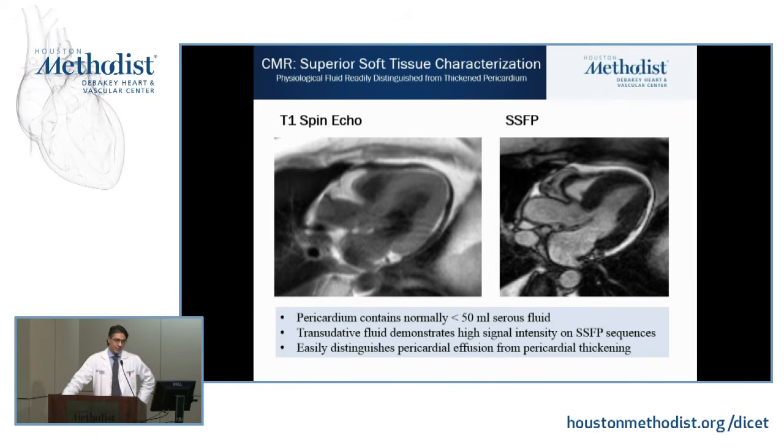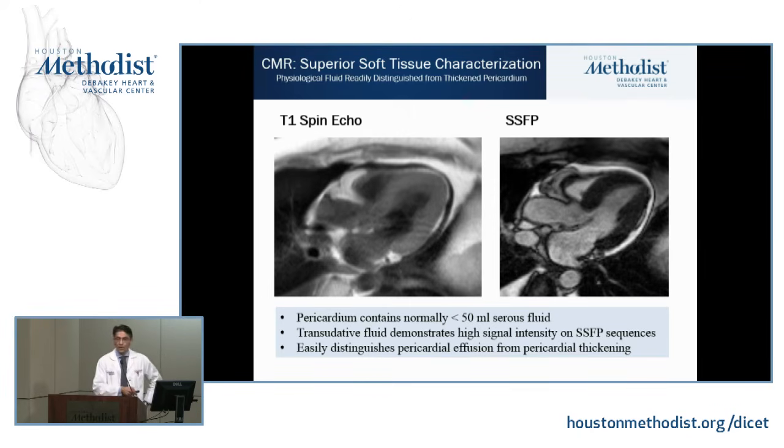But where CMR is helpful is, of course, with tissue characterization. So we don't have as much difficulty in differentiating pericardial fluid from pericardial thickening. And this is a good example. If you remember the first case I had shown you, if you look here in the spin echo, you see this very dark rind around the heart. You get worried, is this pericardial thickening? But the way we figure it out is by going to another sequence called an SSFP sequence.